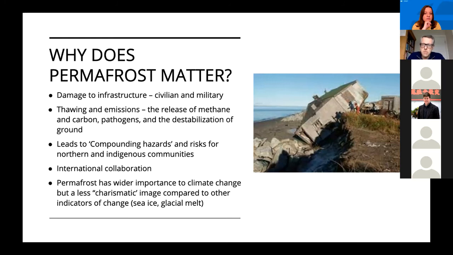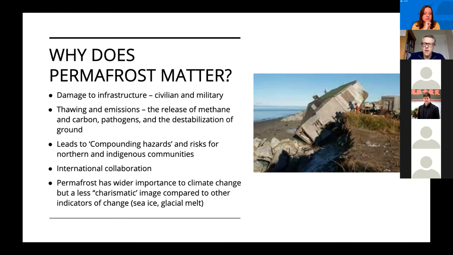One of the key purposes of our presentation is to stress some of the exciting possibilities for further collaboration and information exchange, and what I would think of as permafrost science diplomacy.